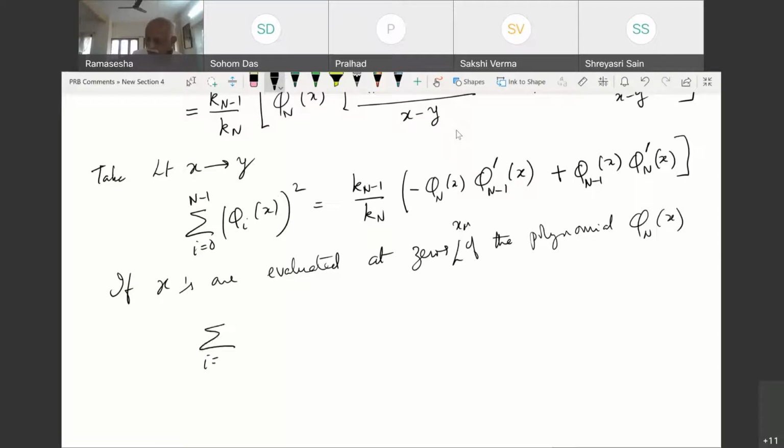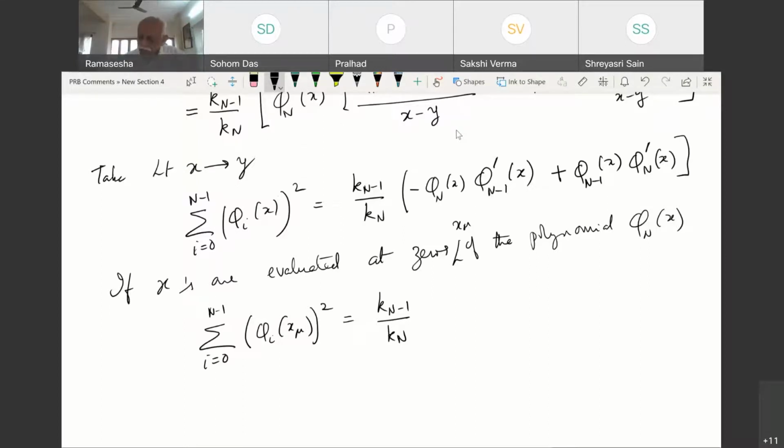Sum over i from 0 to n minus 1 of phi_i(x_mu) the whole square is equal to k_{n-1} upon k_n times. So what is the value of phi_n(x) at x equal to x_mu? It is 0, because x_mu is a zero.